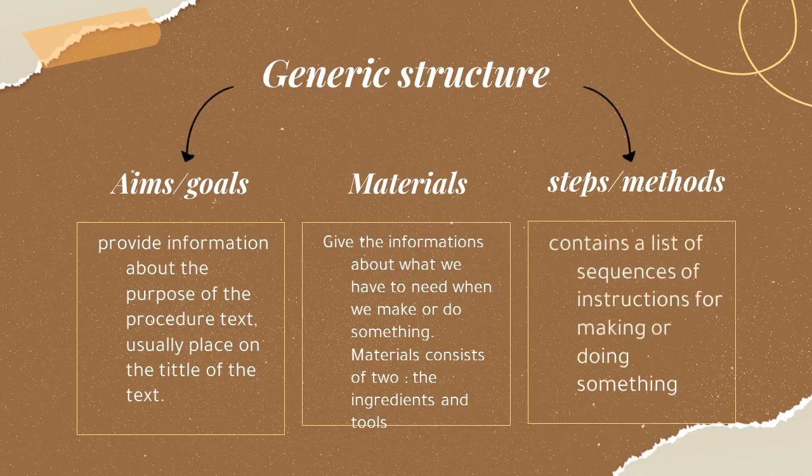It contains a list of a sequence of instructions for making or doing something. So guys, the generic structure of procedure text is aims or goals, materials, and steps or methods. So there are three generic structures of procedure text.